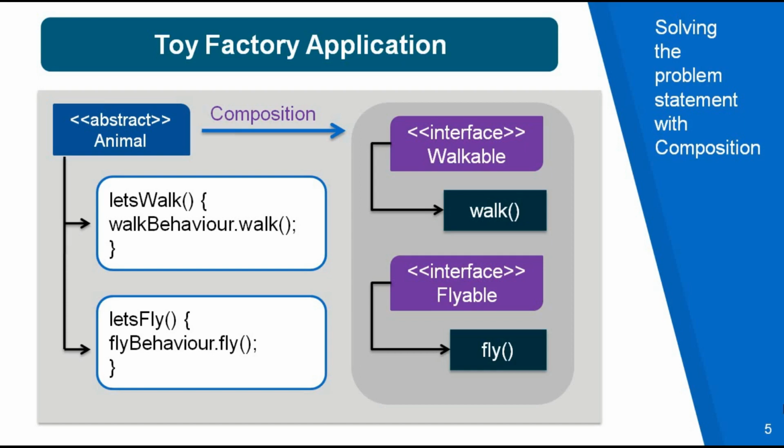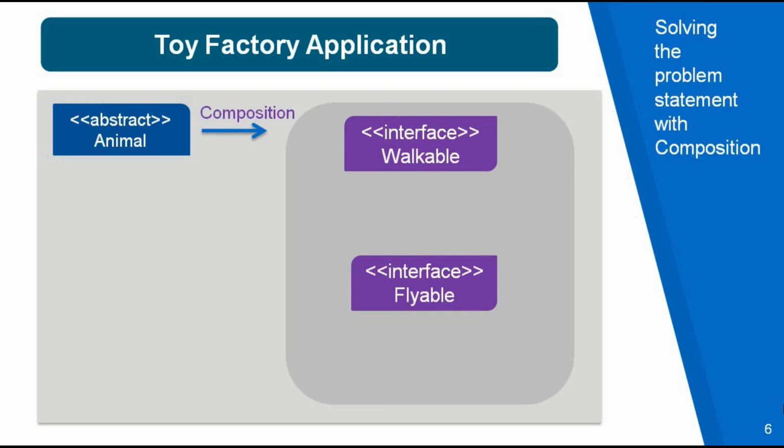Still, we are not able to address our last requirement, which is changing this behavior at runtime, right? So let's see how we can update this behavior during the runtime. Let's assume that there are multiple concrete classes implementing Walkable and Flyable, right?